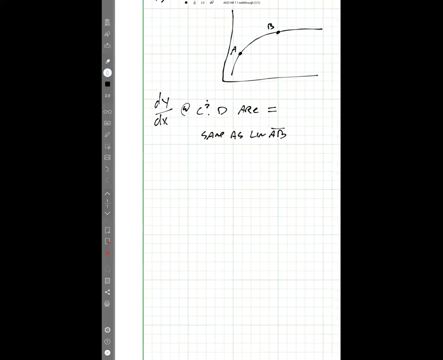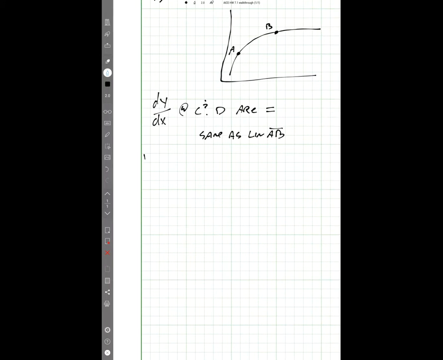So we need to find the equation of the perpendicular bisector of CD. So what do we need to find? We need to find the gradient of AB, points C and D, and the midpoint of CD.